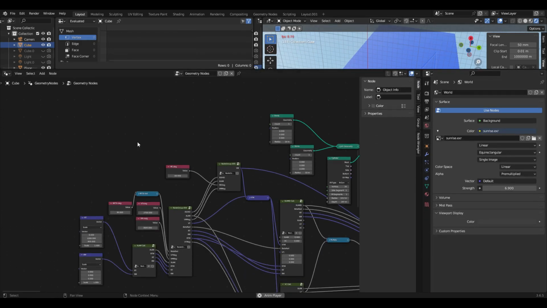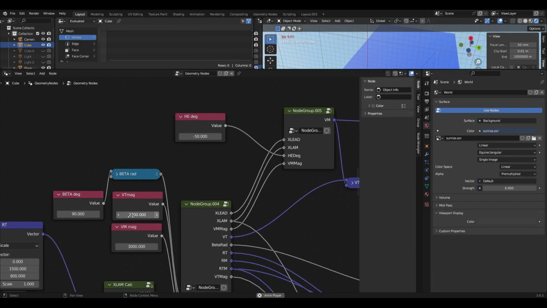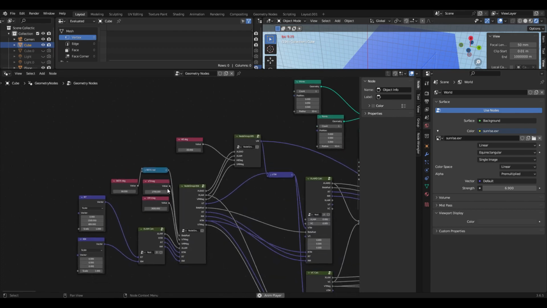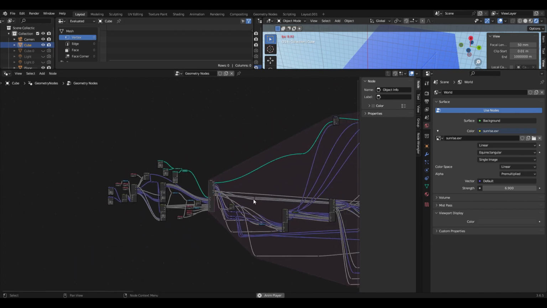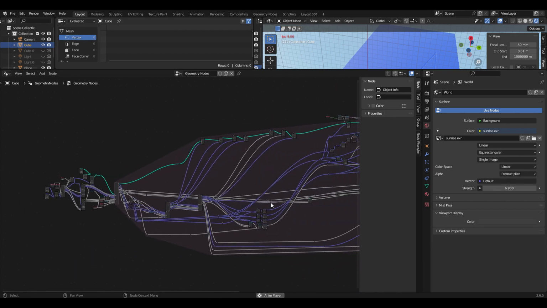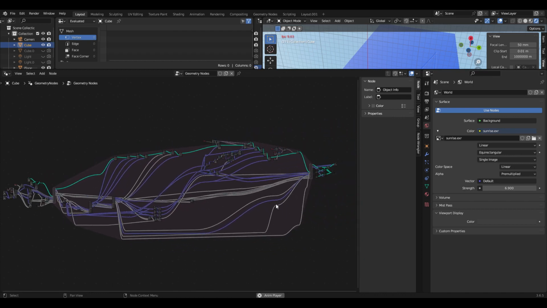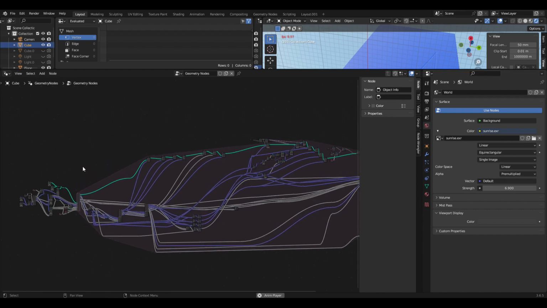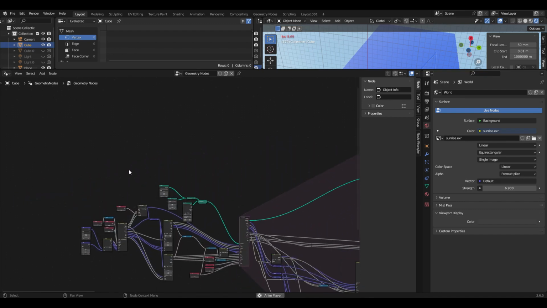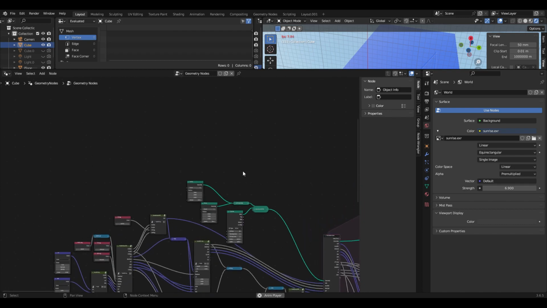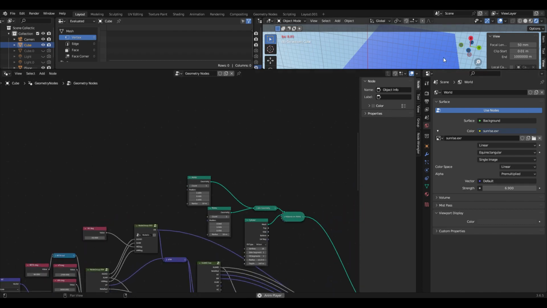And I have it set up in geometry nodes. If you've seen some of the other videos that I have, I had a setup with a fourth order Runge-Kutta time simulation, and this is a second order, and this is the total geometry nodes setup. Looks like a bit of spaghetti, but it's not that complicated.